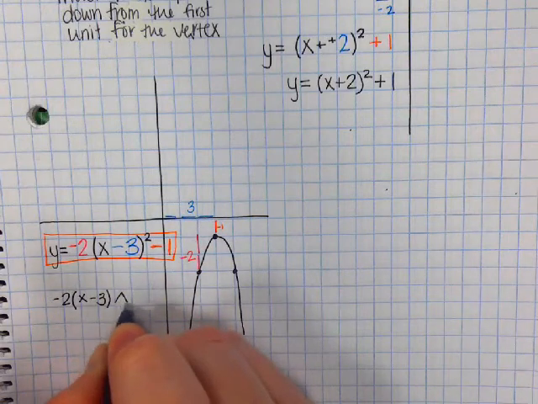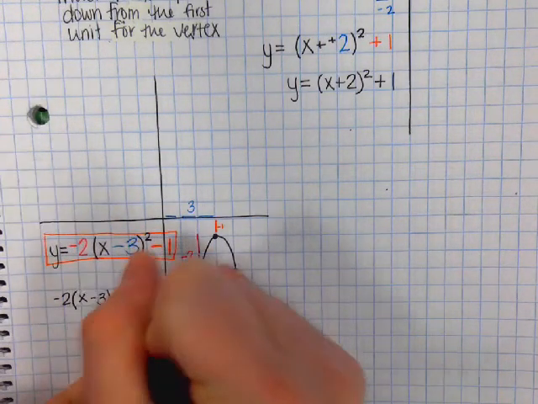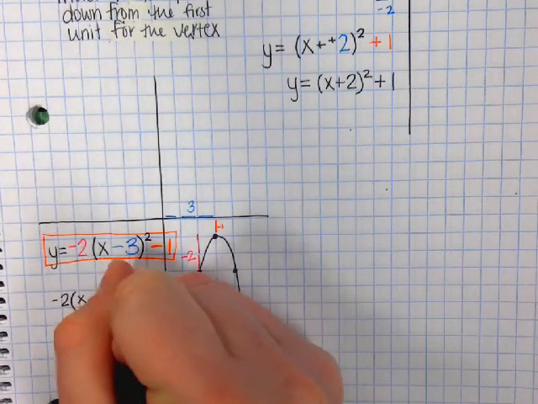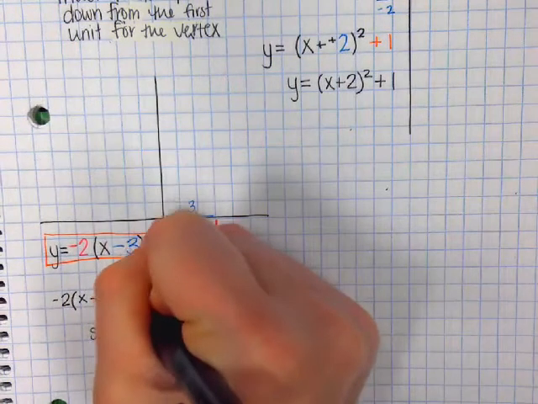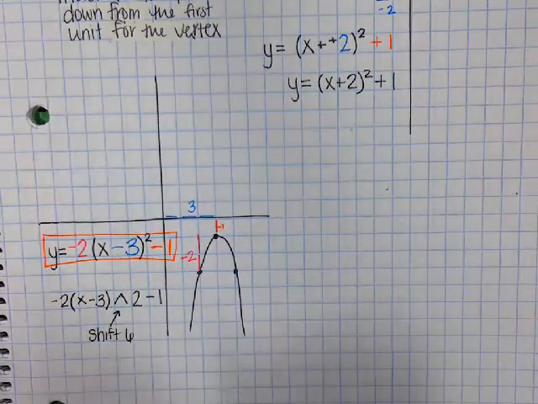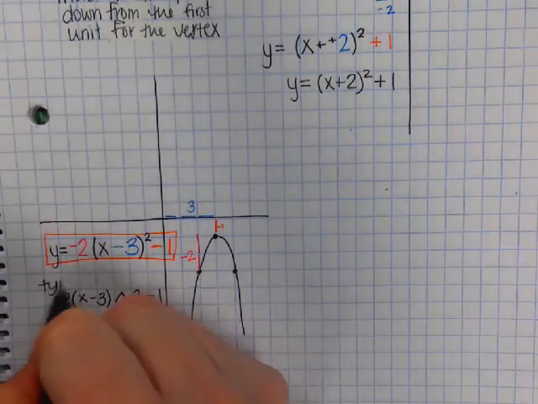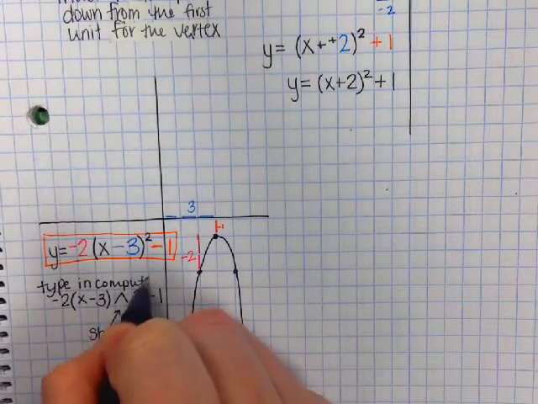It's called a caret button, and it is saying that what comes next is the exponent. So to do that, you're going to hit Shift 6, then you put the squared, and then -1. So this is how you would type in the computer.